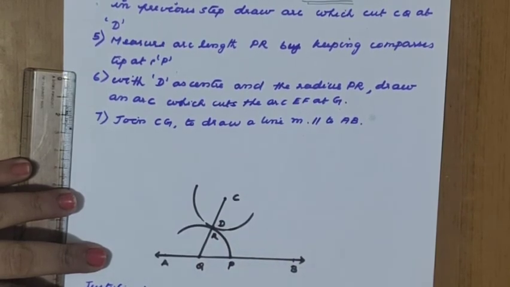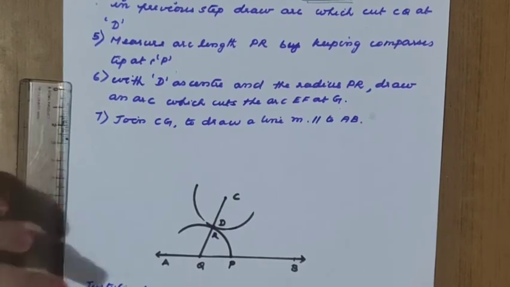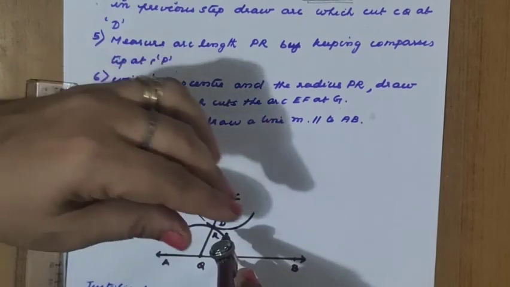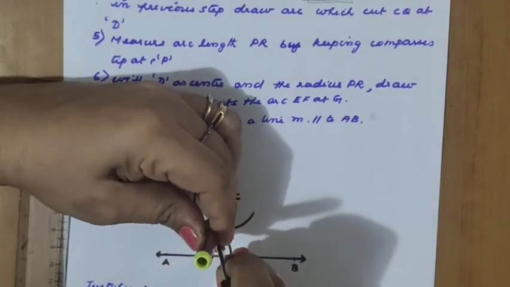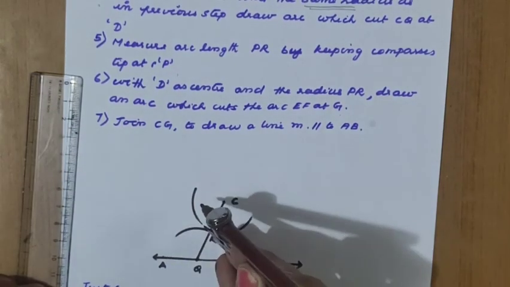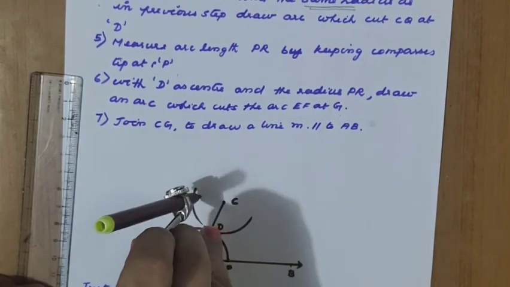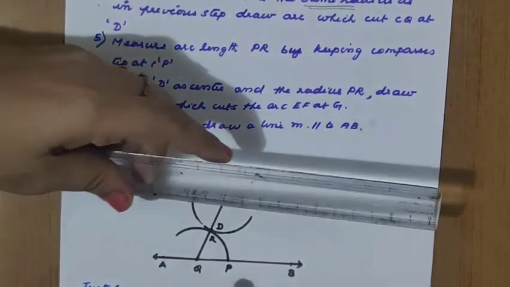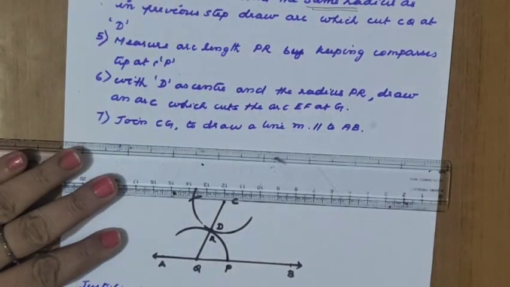Right? Now what is the next step? We have to measure PR. The compass tip we kept at P, and the radius we have taken as PR, right? Now from D we have to draw an arc through C. The letter we wrote at that time, with D as center, is G only.